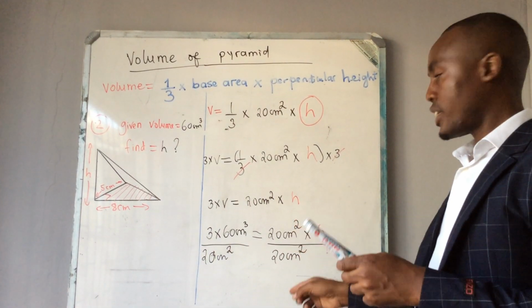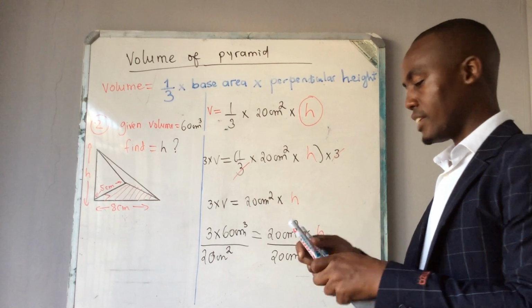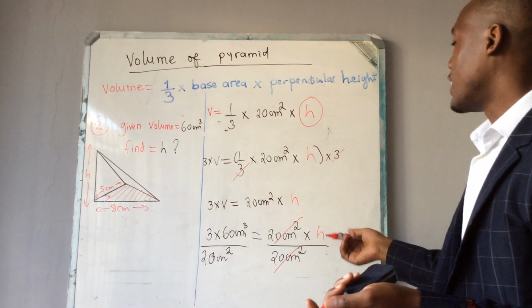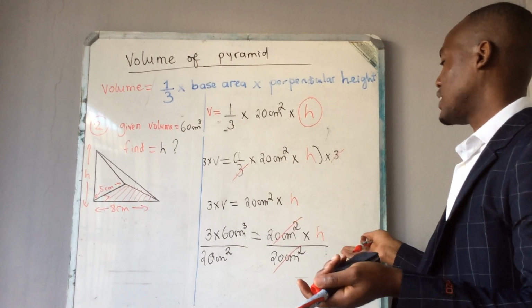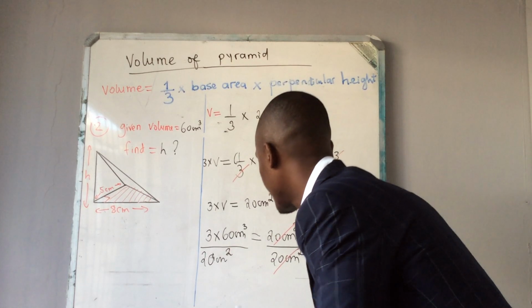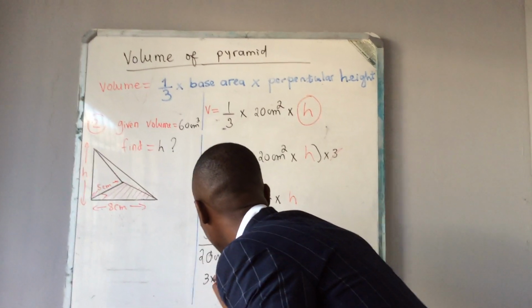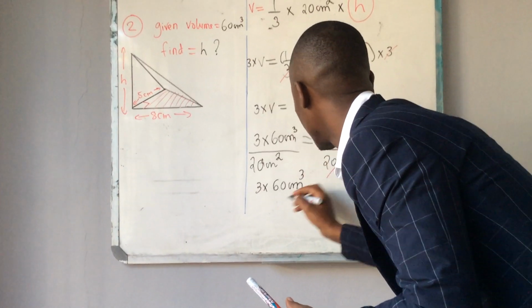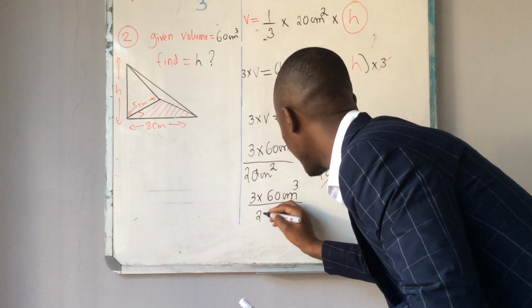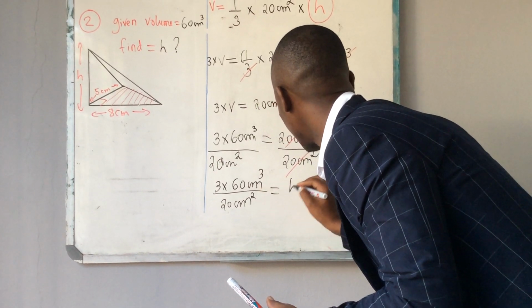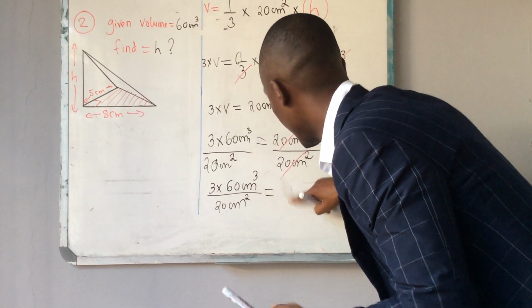Now 20 centimeters squared divided by 20 centimeters squared is just 1, so that cancels out. So 1 times h is just h. So we have 3 times 60 centimeters cubed over 20 centimeters squared equals, in this case, h.